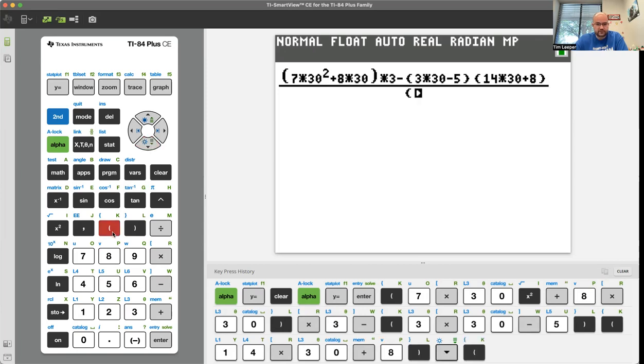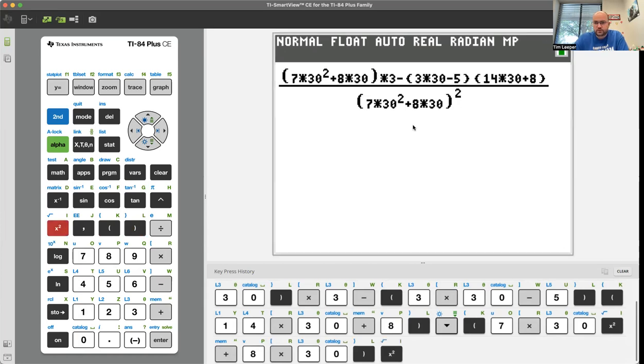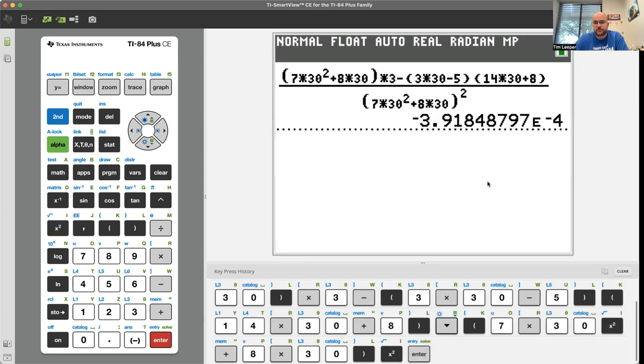And all over down here, we have 7 times 30 squared plus 8 times 30, parentheses squared. Good deal. I just want to make sure I typed all this in right. Yep, there we go. And then just click enter, and there we go.